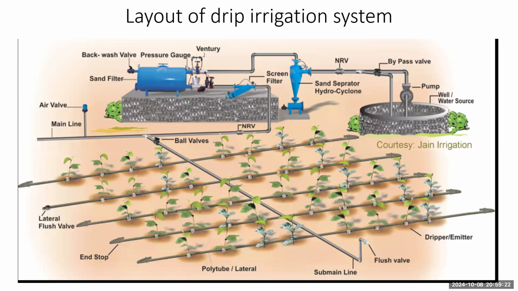This is the layout of a drip irrigation system. We can see that there is an open well through which the water is lifted by the pumping system, and that water passes through the delivery pipe and reaches the sand separator, the hydrocyclone, or hydrocone as it is called.